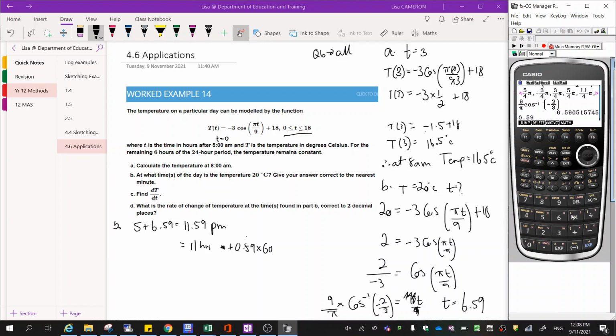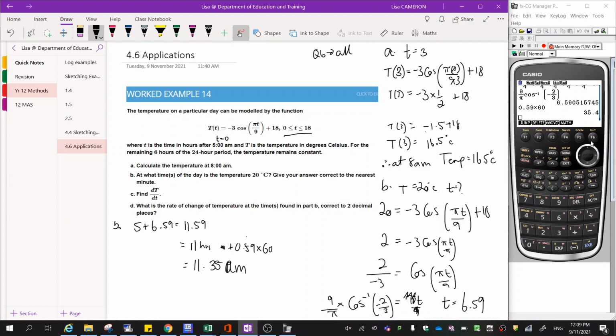So 0.59 times 60 equals, so it's going to be 11:35, AM, not PM, AM. Okay, because this 11.59 represents that this will occur when it's 11.59 of an hour. So that's what we did. Okay, now that's only the first one.